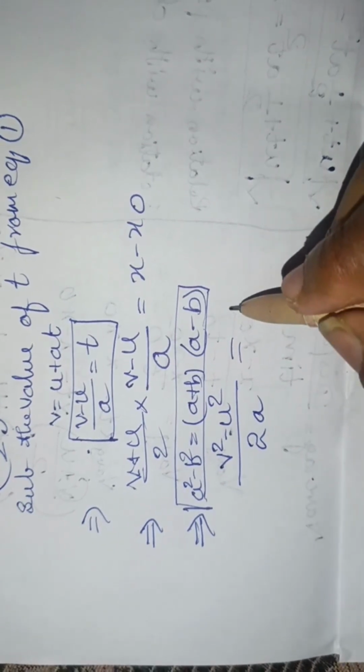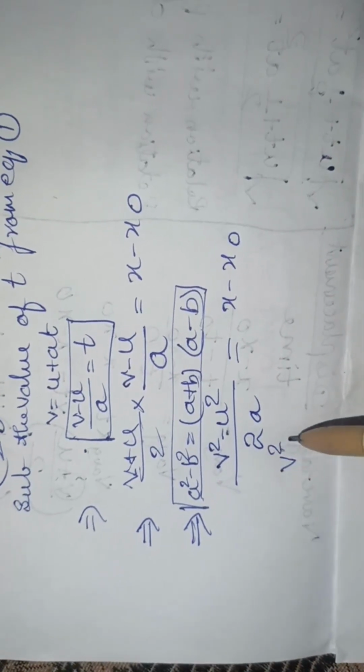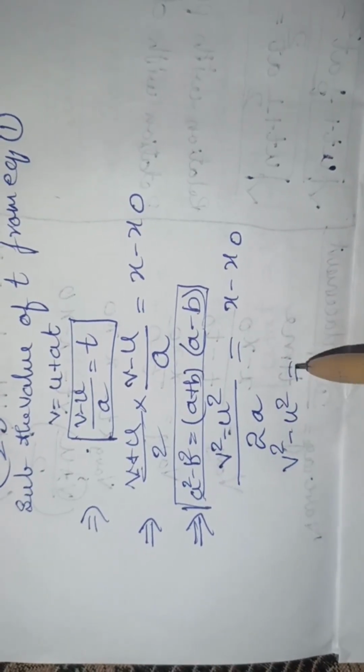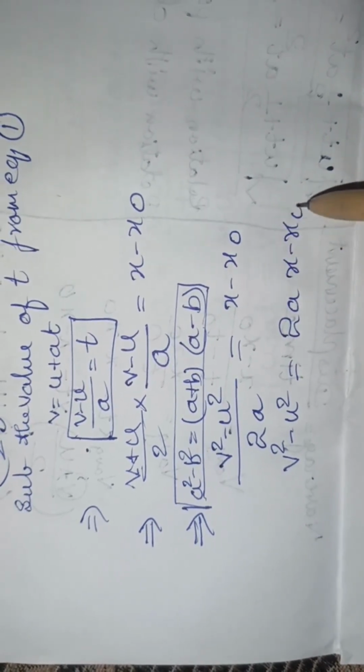So we'll follow this equation as v square minus u square divided by 2 into a is equals to x minus x naught. We can write it here as v square minus u square is equals to 2 times of a x minus x naught.